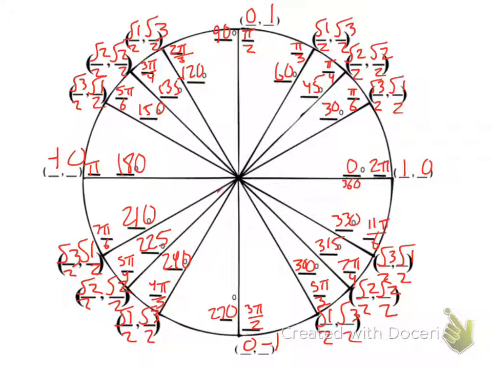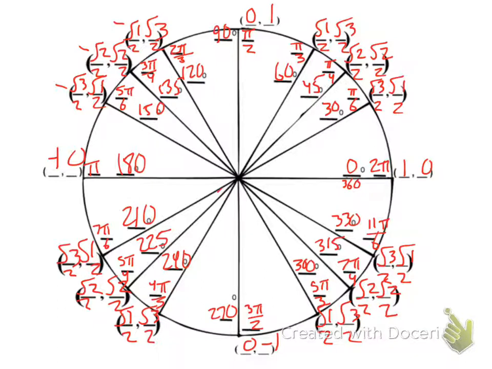The last part you have to even think about is in which quadrants things are positive or negative. For this, all you have to do is think about where x is positive and where y is positive. In the first quadrant, everything is positive. In the second quadrant, x is negative, so I put a negative in front of the x's.